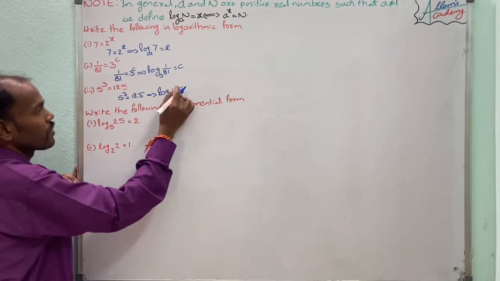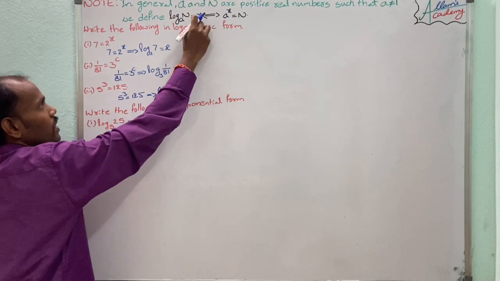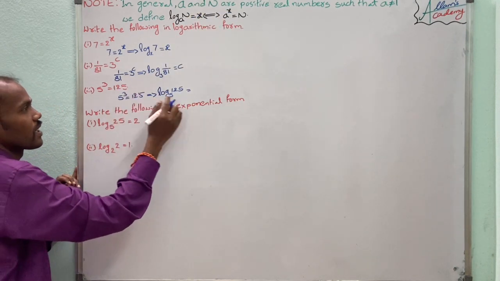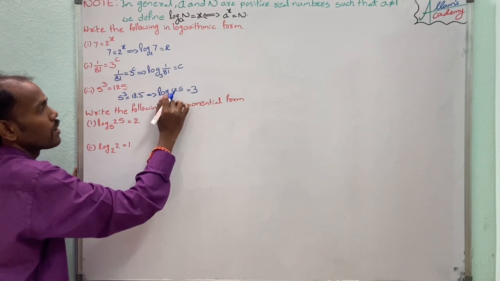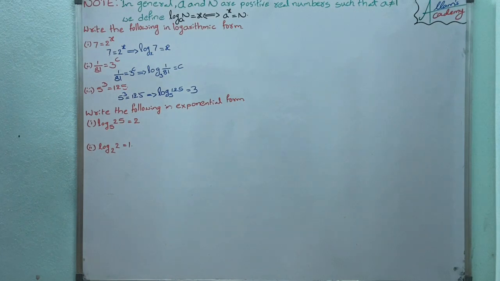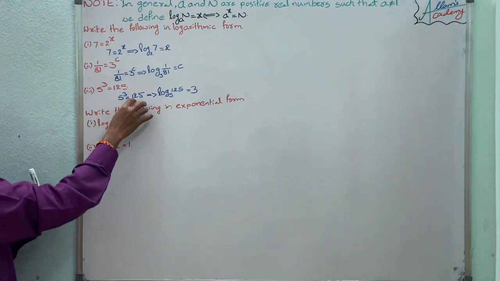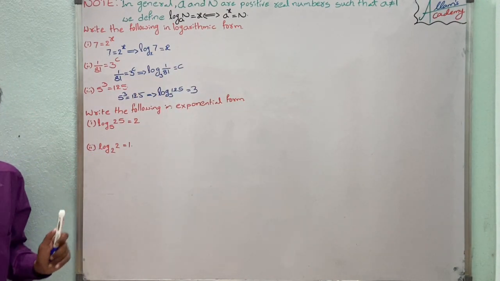So log 125 base 5 equal to the exponent, which here is 3. So log 125 base 5 equal to 3. In this manner we will write any number given in exponential form in logarithmic form.